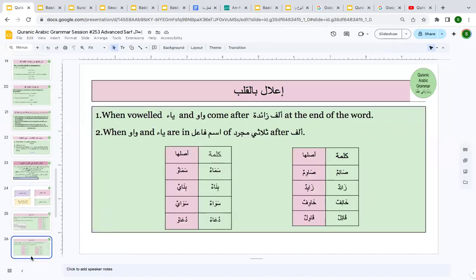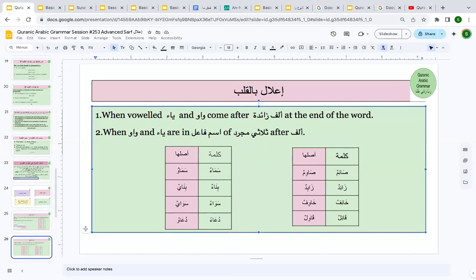So the next case, when vowel ya and waw come after alif zaida at the end of the word, when waw and ya are in the ism fa'il of thulathi mujarrad after alif, what is going to be the change now?